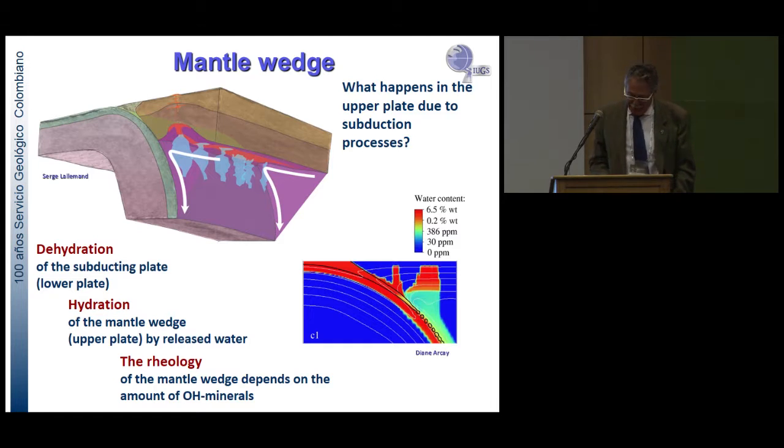And a hydrated mantle would be something completely different from an asthenospheric mantle. The rheology is different, and as a consequence of what I said before, the velocities should be different. So we took this as a motivation and went back to our own work.